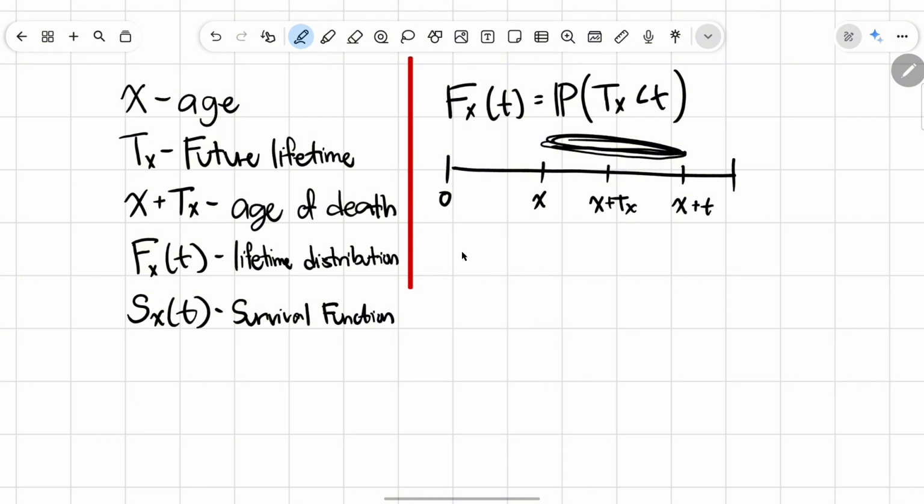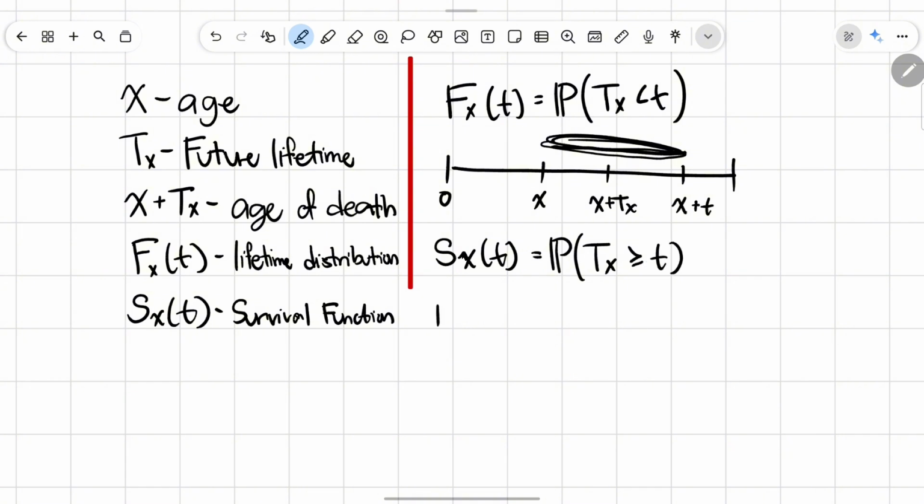As for the survival function, it's just asking the opposite. We want to know the probability that the person will live after t years. So that person's future lifetime should be greater than or equal to t.